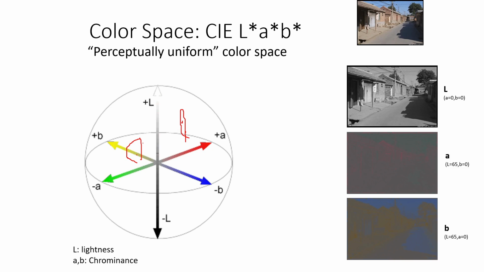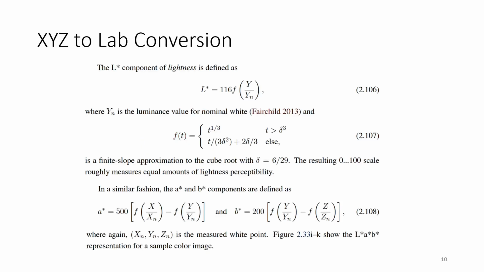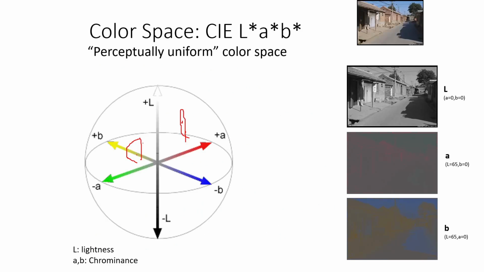However, CIE Lab is perceptually uniform, and the calculation of CIE Lab is relatively complex. YCbCr is a linear transformation from the RGB values, so computing it is very easy and straightforward. But the meaning is similar. Y is the brightness, and Cb and Cr are 2 axes of the color space. Our eyes are relatively insensitive to color, but very sensitive to brightness.